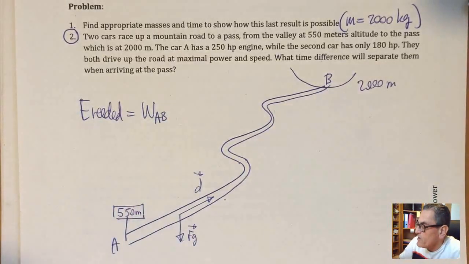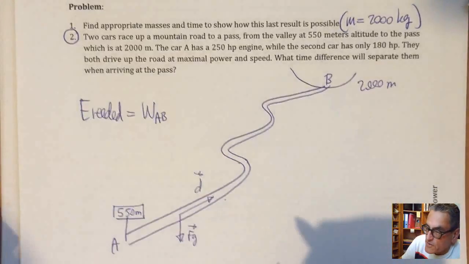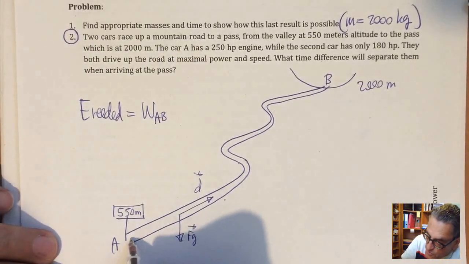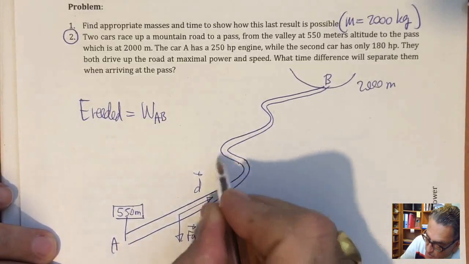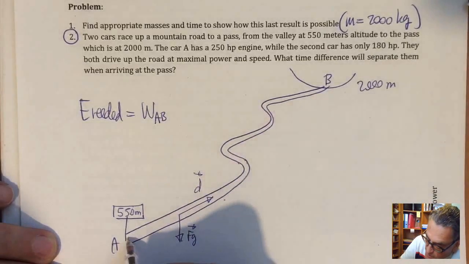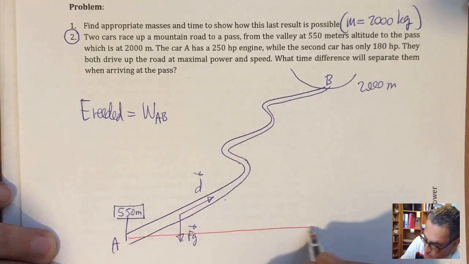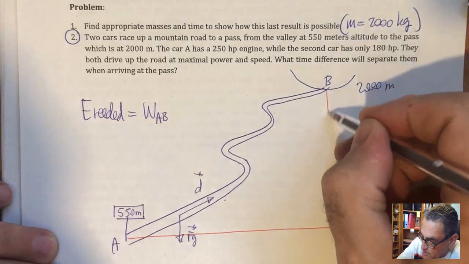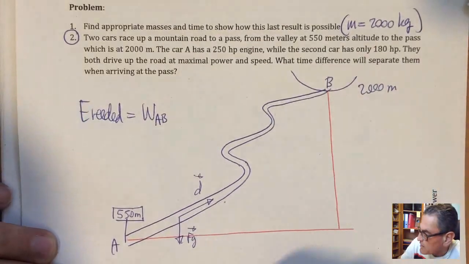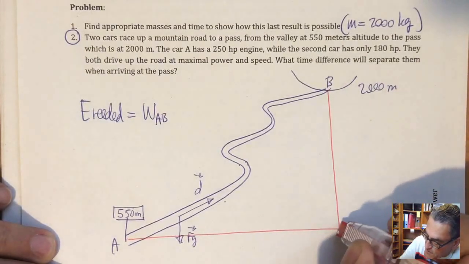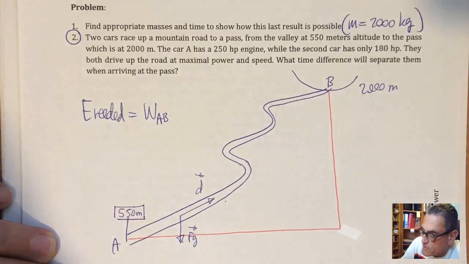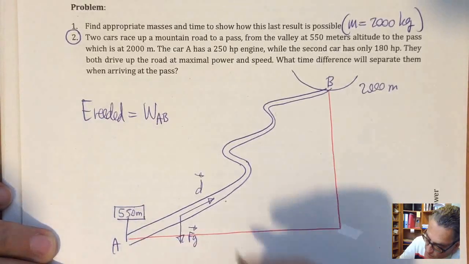But we can do a thing which is very interesting, and actually we will see that this is the general method. We can say, okay, the energy that I will need to go up here is the same as if I go flat, if I stay at the same altitude, and then I go up straight. We will see that in this kind of situation we can do this kind of thing.